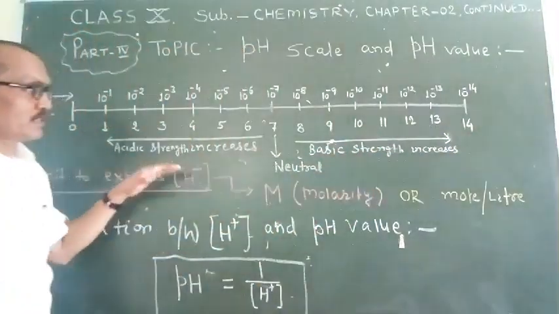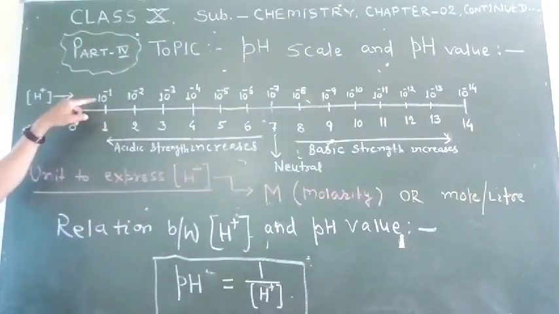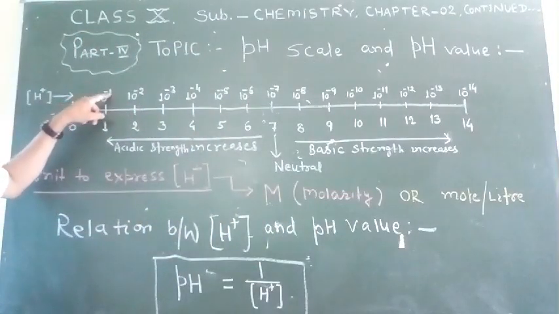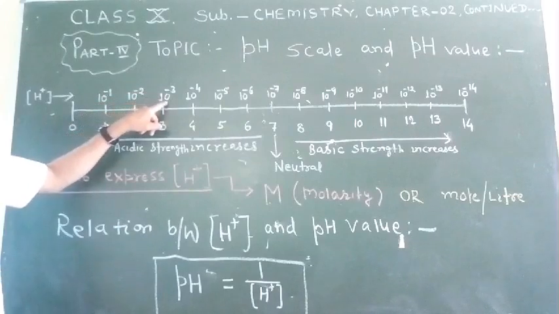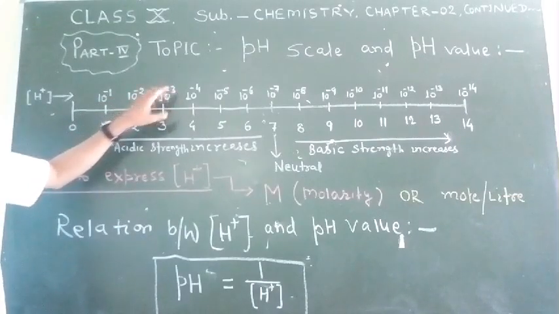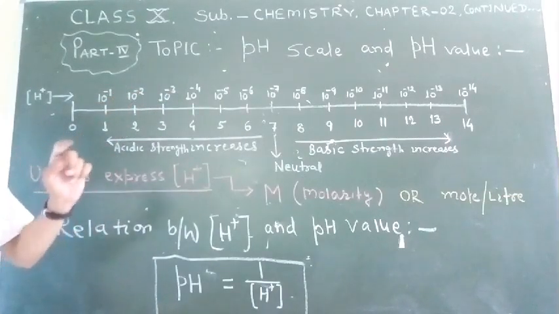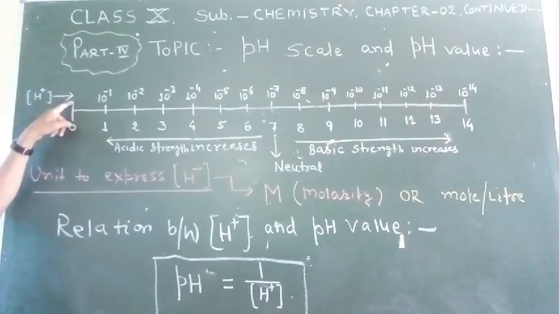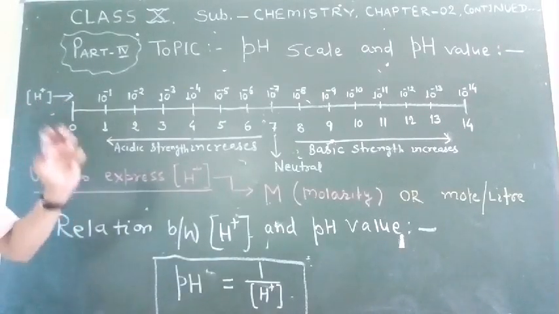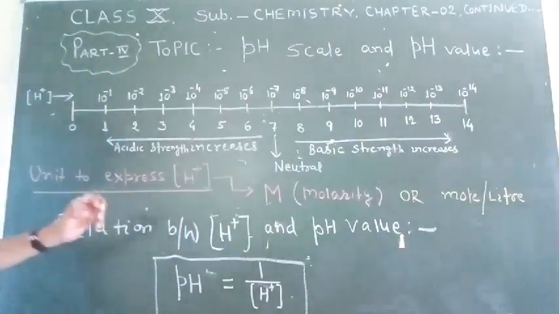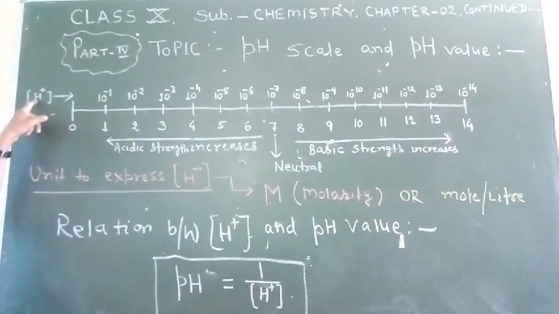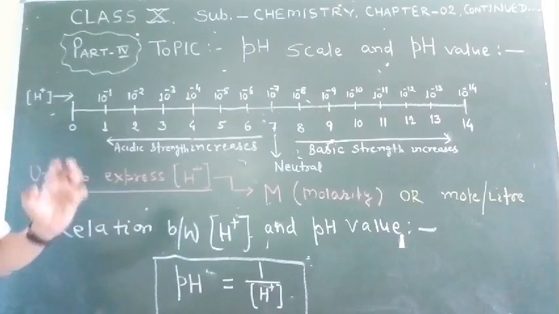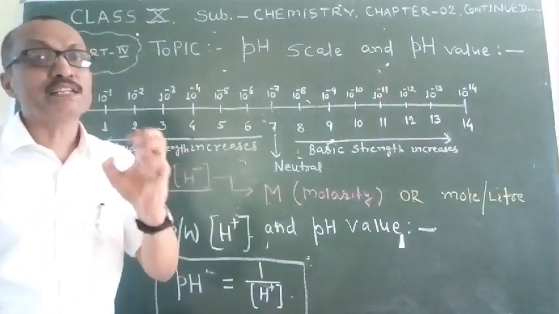Students, 10 to the power minus 1, 10 to the power minus 2, 10 to the power minus 3, these are the hydrogen ion concentrations which already I have shown here. Hydrogen ion concentration is expressed by writing H plus ion, and this H plus ion is enclosed in a big bracket.